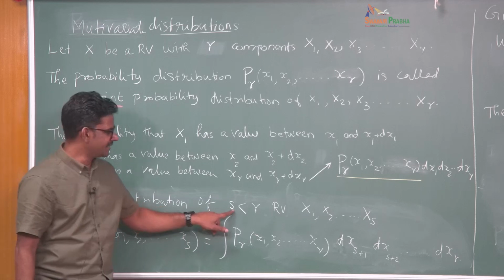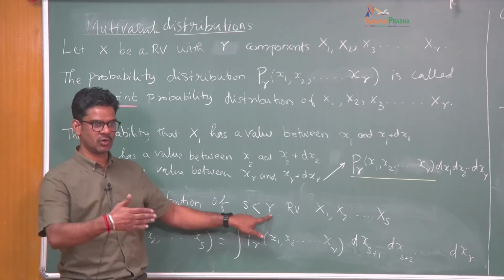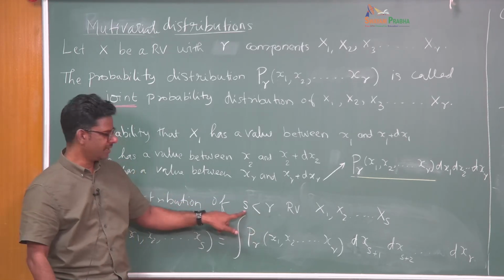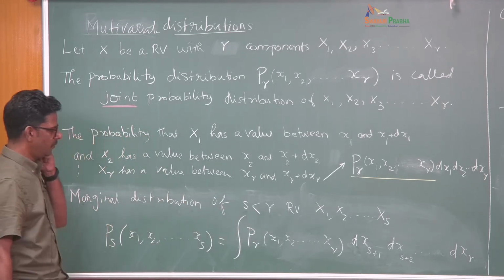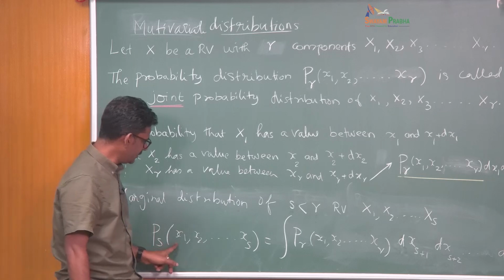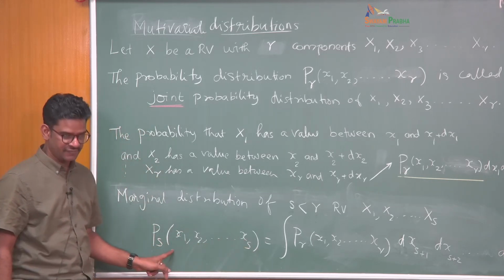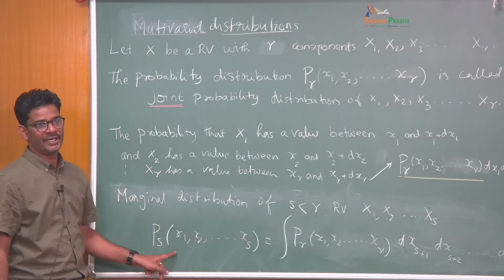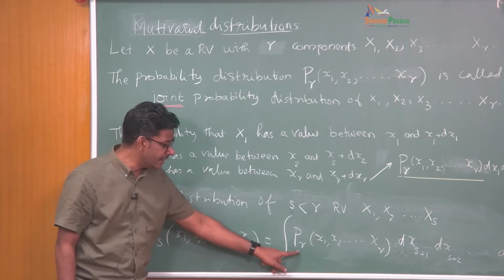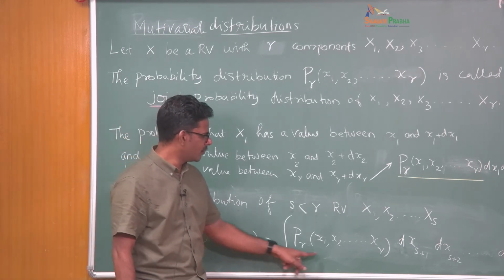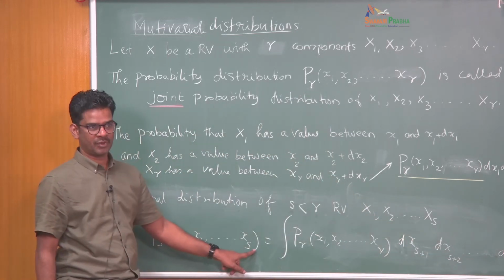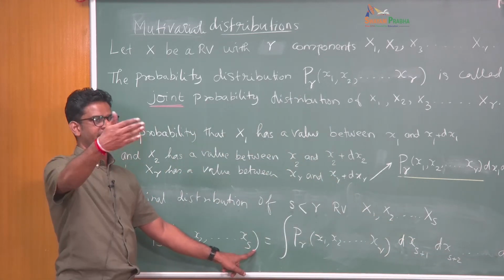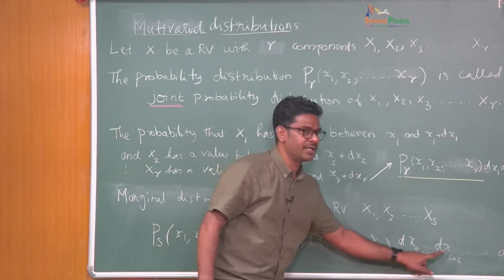Let us say there is a subset S less than R. R is the total number of components, and you can take a value S which is less than R, and we can say what is the probability distribution of finding the first S variables' values, and that you obtain by integrating the total distribution function over the remaining degrees of freedom. So up to S you want to get the probability, from S plus 1 to xR you are basically integrating over.